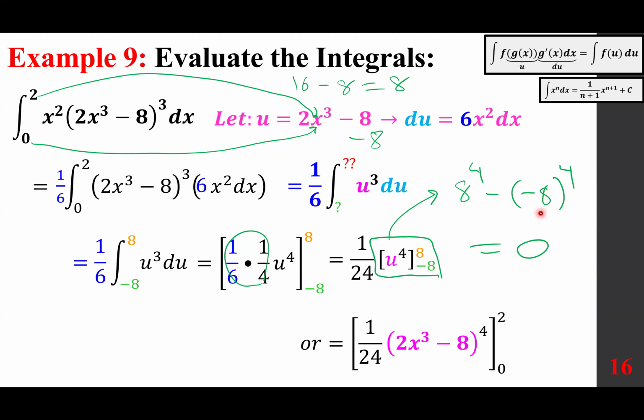So I believe this makes it a tad easier to evaluate, but it's absolutely your choice. Zero. So you can go either way, this one or that one. And of course, 1 over 24 times 0 is 0.